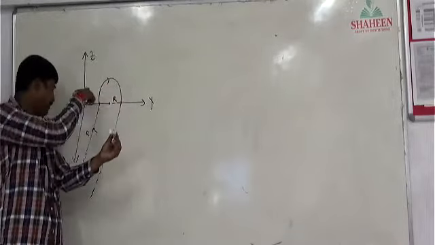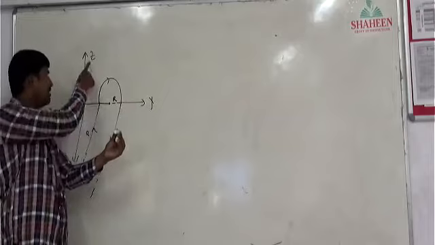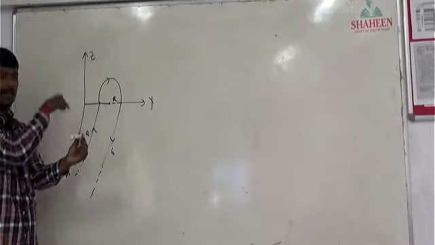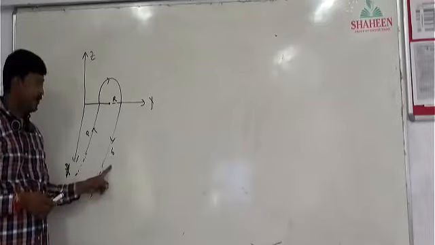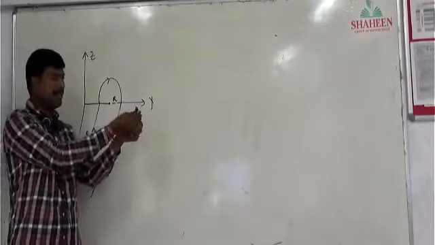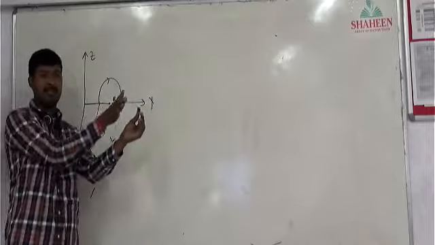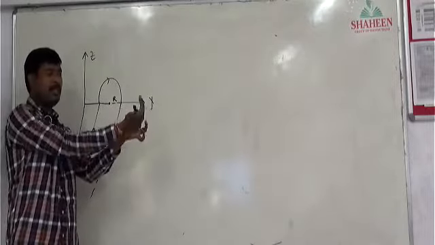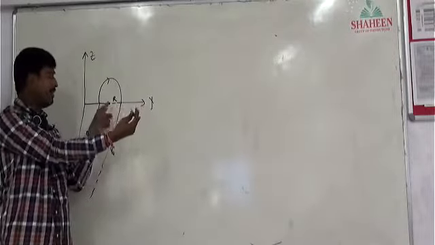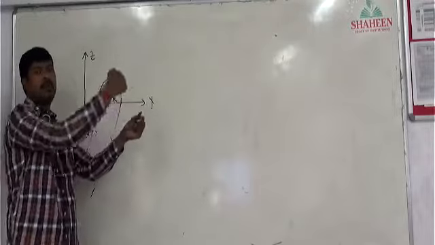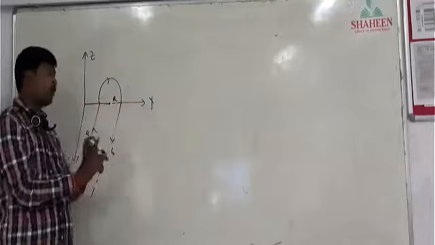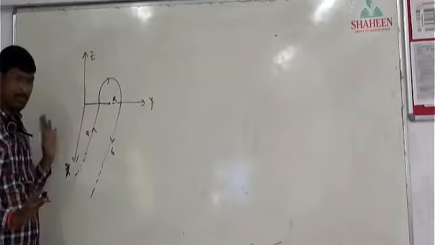Downward means negative Z. So for A, negative Z. For B, also downward only. So both are along negative Z.